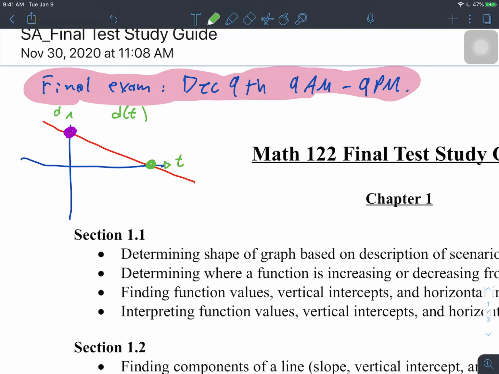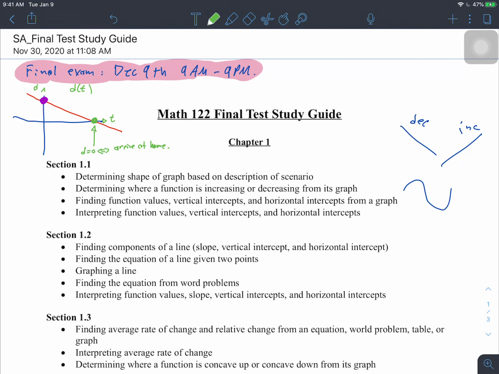And if we were told that d of t represents distance from home, then the interpretation of d becoming 0 means we arrive at home. So taking functions in the context of word problems and interpreting events that can happen to these functions in terms of what those events represent in the real world scenario.